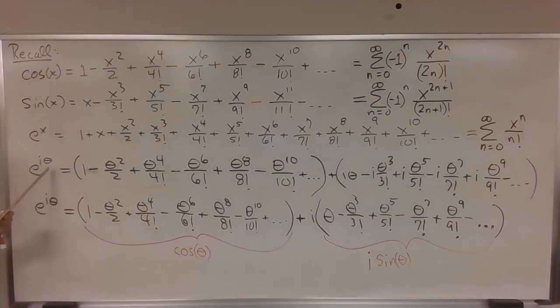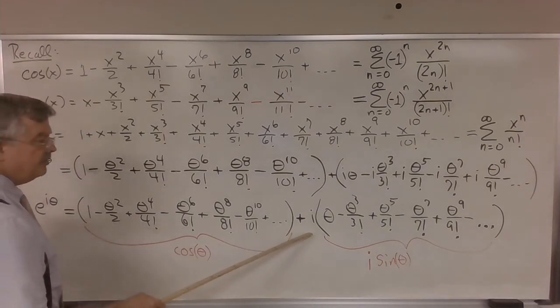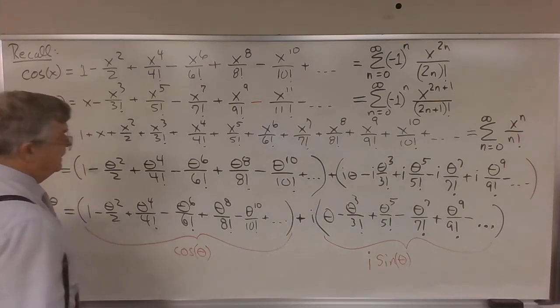We started out with the Taylor series expansion for e to the i theta, and this is what it equals. It equals this plus that. In other words, e to the i theta is equal to cosine theta plus i sine of theta.